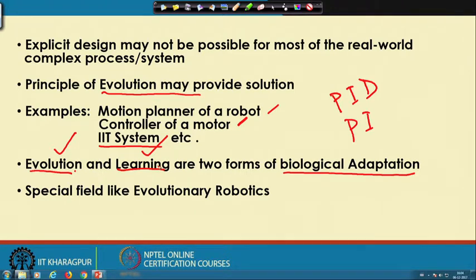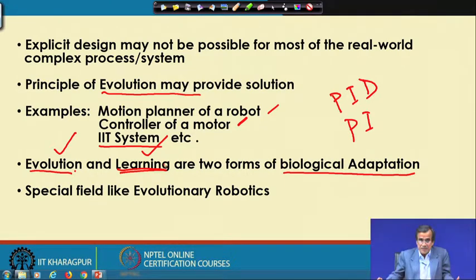For example, if you see the principle of learning, actually we use the principle of optimization. Now, here, if you see one optimization tool, the principle of evolution is generally copied in the optimization tool, and that is why evolution is going to help in learning. On the other hand, let us see how learning can help the rate of evolution.